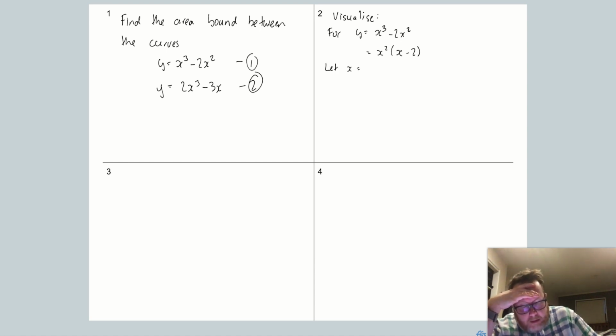Let x equal 0, then y equals 0. That's pretty trivial, isn't it? So that's the y-intercept. And let y equal 0, then we have x squared multiplied by x minus 2 equals 0. So x equals 0.